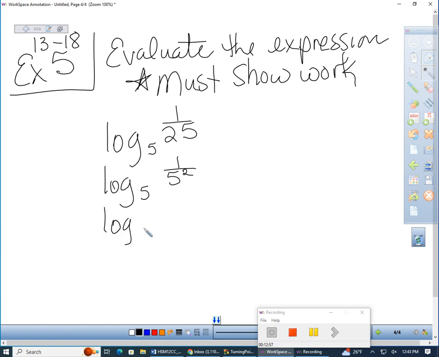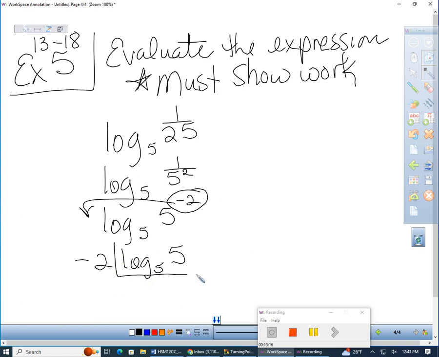Yeah, so I have log base 5 of 5 to the negative 2. Then that negative 2 exponent goes to the front, and I have negative 2 log base 5 of 5. And what does log base 5 of 5 equal? 1. So this cancels, and my answer is negative 2.